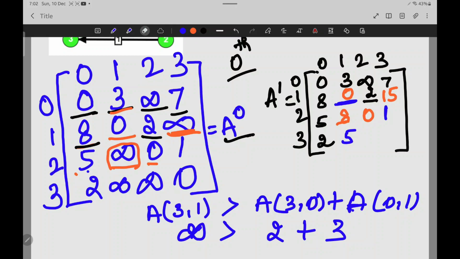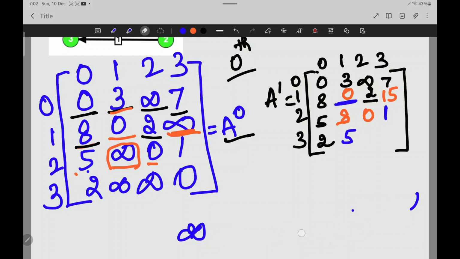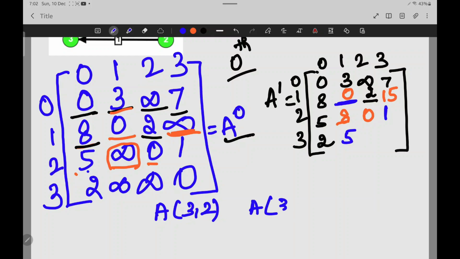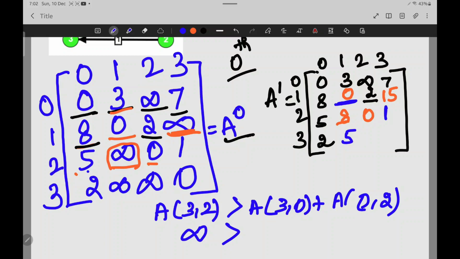Again one more infinity we are having for the next value, 3 comma 2. So A of 3 comma 2 via 0. So plus A of 0 comma 2. So 3 comma 2 is infinity. So definitely this is greater. So 2 plus 0 comma 2 is infinity.